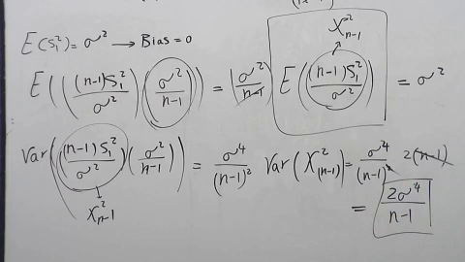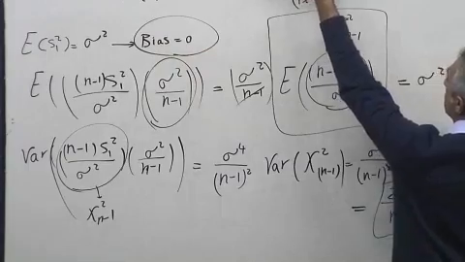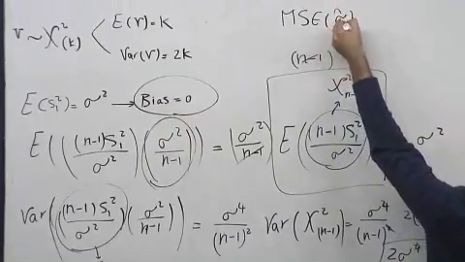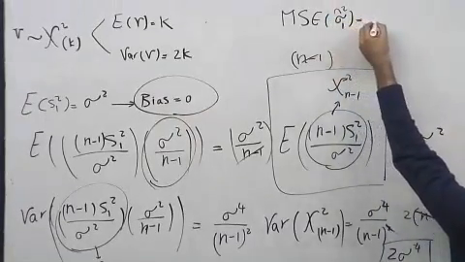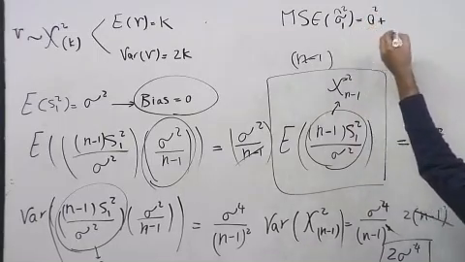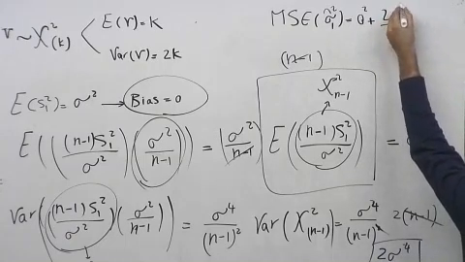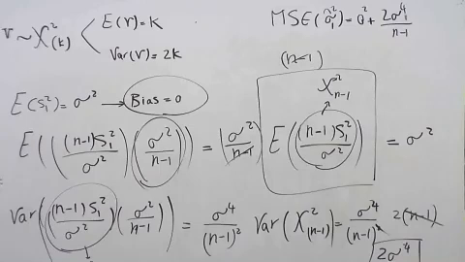That's the variance, and this is the bias. So your MSE for sigma hat 1 would be 0 squared plus variance, which is 2 sigma 4 over n minus 1. That's for the first one.